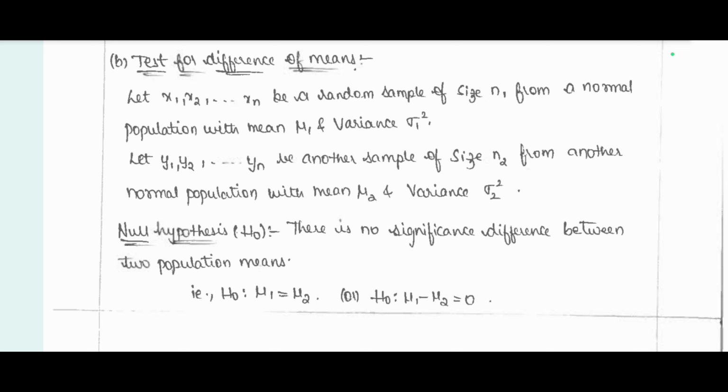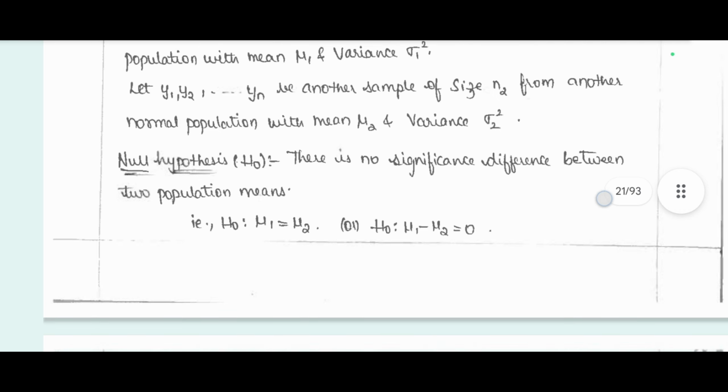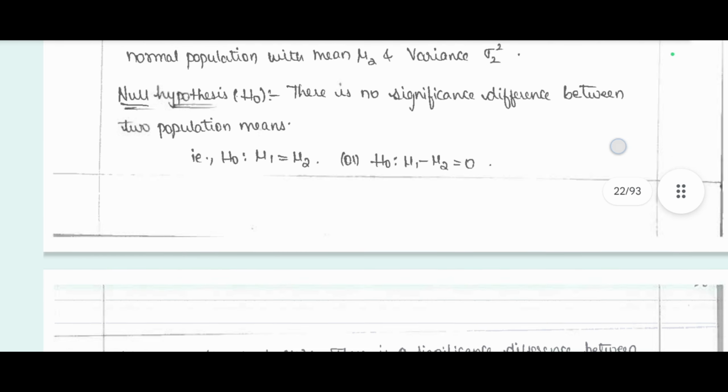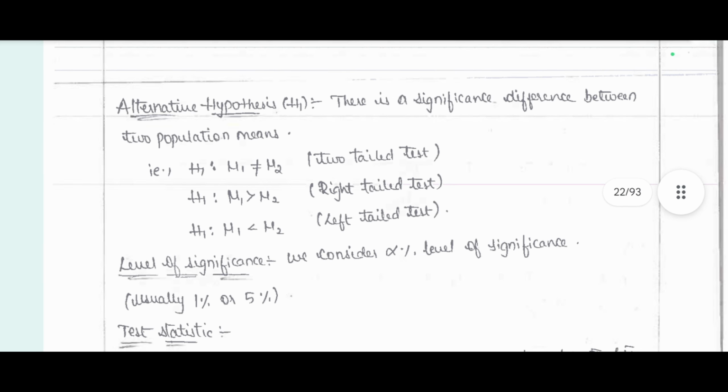Set the null hypothesis that there is no significant difference between the two population means. H naught: mu1 is equal to mu2, or mu1 minus mu2 is equal to 0. Alternative hypothesis: mu1 not equal to mu2, mu1 greater than mu2, or mu1 less than mu2. Level of significance: we consider alpha level of significance, usually 1% or 5%.